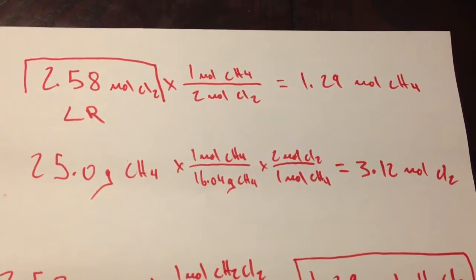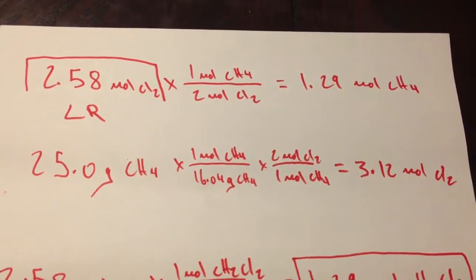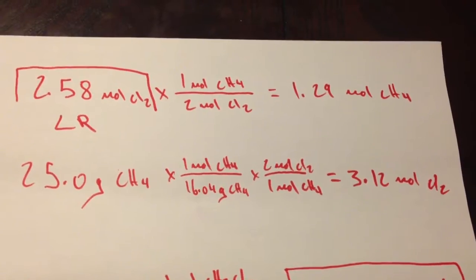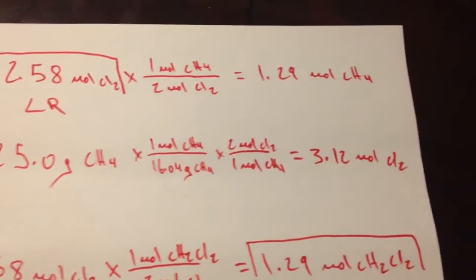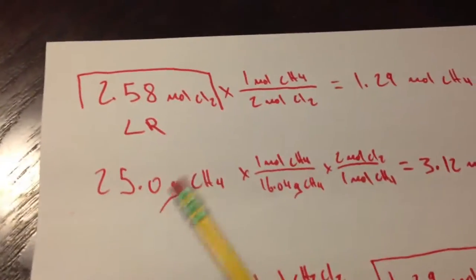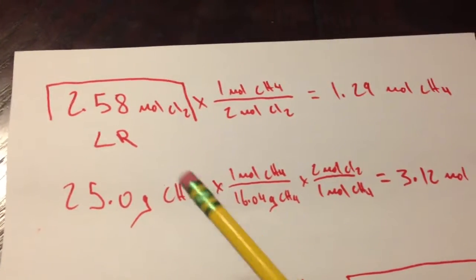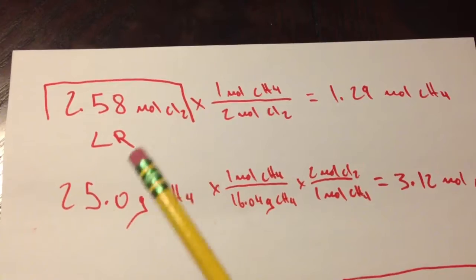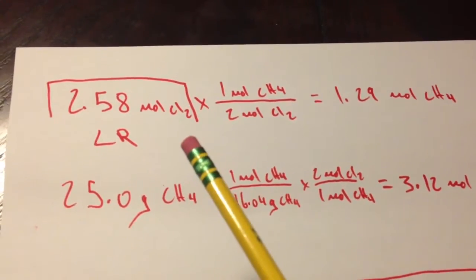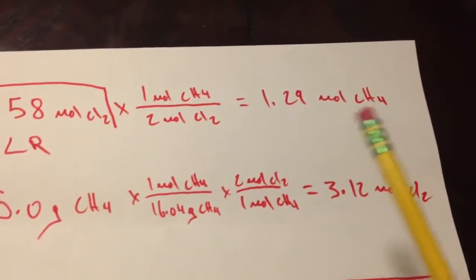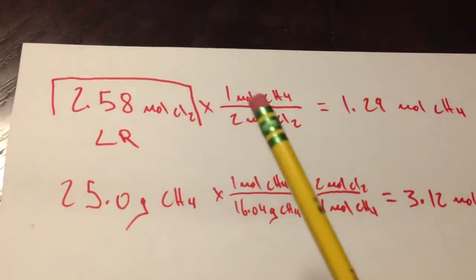So first we are asked to identify the limiting reactant when the methane and chlorine gases are combined. Like I said, we're given that there is 2.58 mole of chlorine, and in order to get to methane, we have to do the molar ratio, which we can get from the coefficients in our reaction.